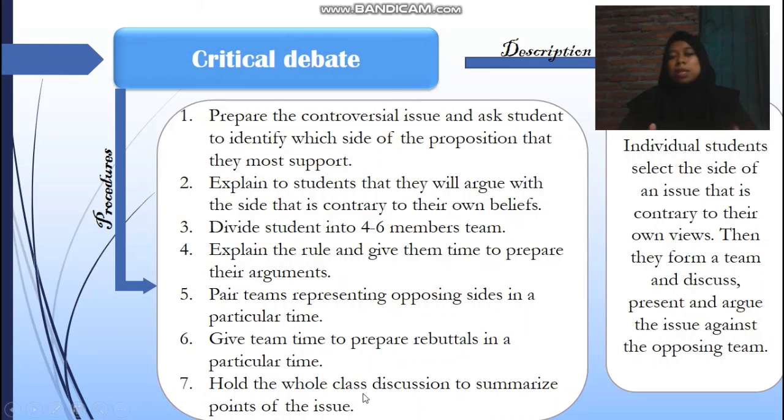And in the critical debate, the teacher becomes a facilitator who has to summarize the points of the issue that have been discussed in a critical debate. So the students will know the straight point of that issue.